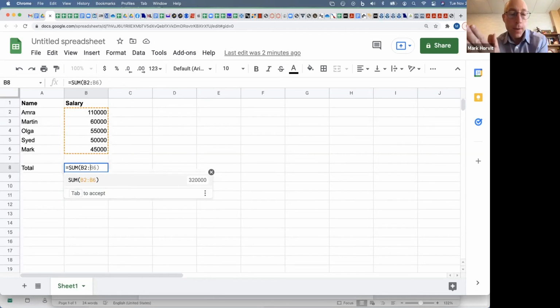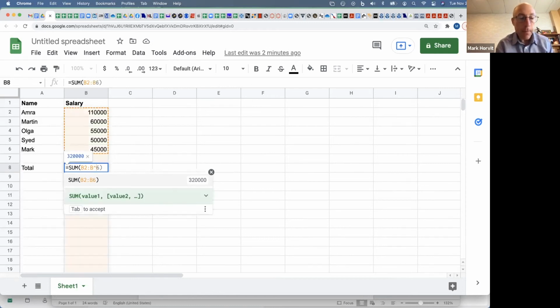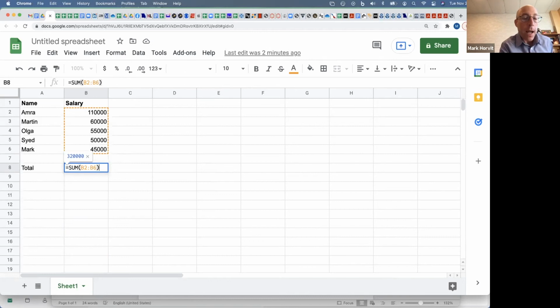We'll do this again, so we'll do this several times, so we'll get practice. Through, and I tell it where to stop, which is at Mark's salary, which is B6. Oops. And then I close the parentheses. So before I hit enter, the equal sign tells the computer I'm going to do something. SUM is this formula that I want to use. There's lots of formula words.